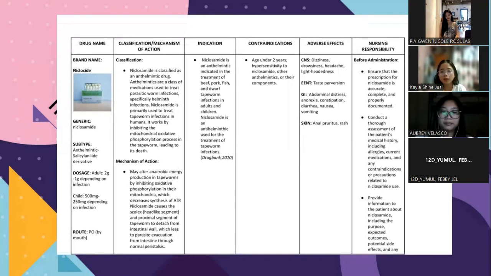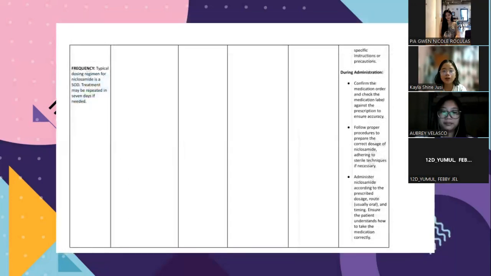Before administration, we need to ensure that the prescription for niclosamide is accurate, complete, and properly documented, and conduct an assessment of the patient's medical history, including allergies, current medication, and any contraindication or precaution related to niclosamide use, and provide information to the patient about niclosamide, including the purpose, expected outcome, potential side effects, and any specific instructions or precautions.